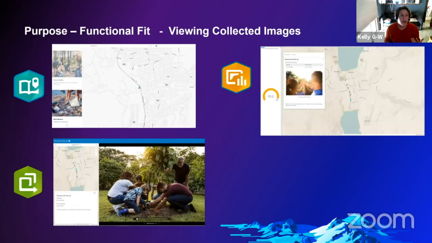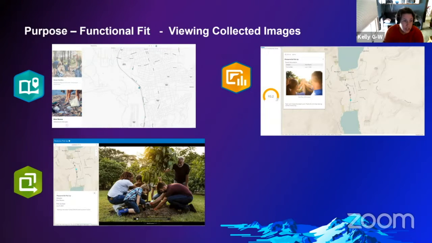An example of functional fit and the purpose is this example here, where we have a group of volunteers going out to pick up trash for the Adopt a Highway program. What I have here are three separate applications that are using the same data.